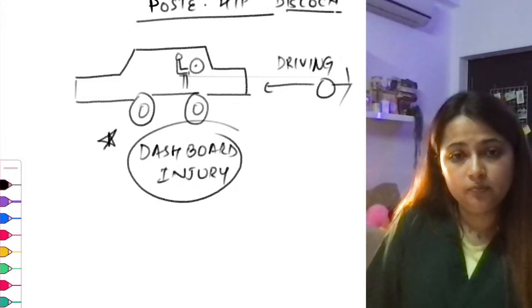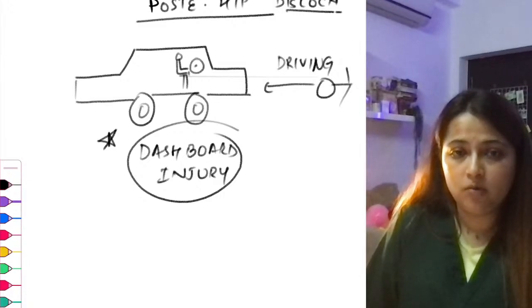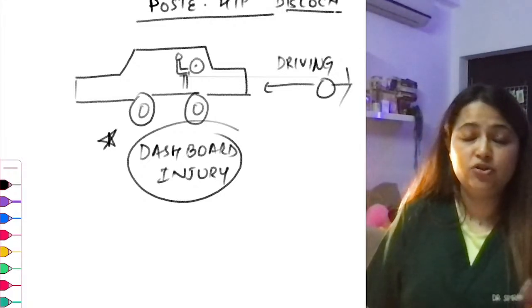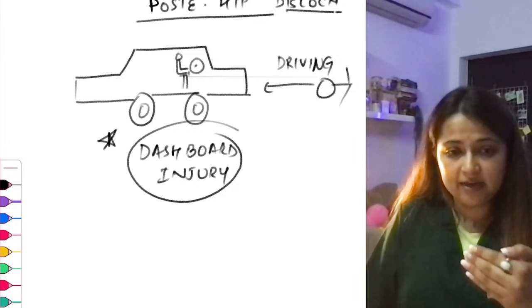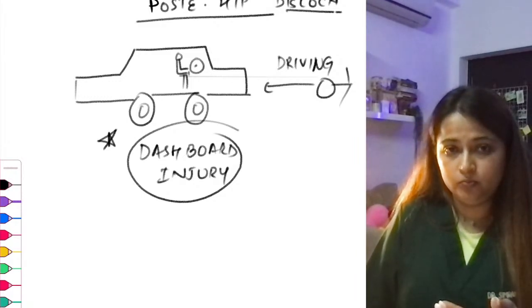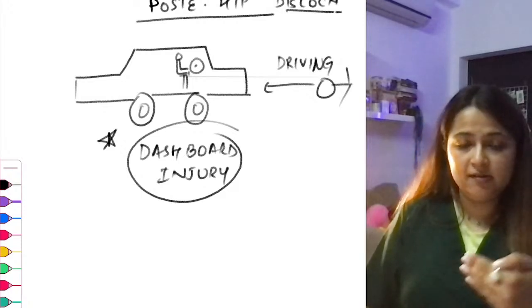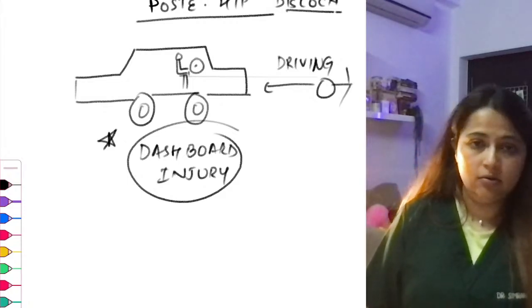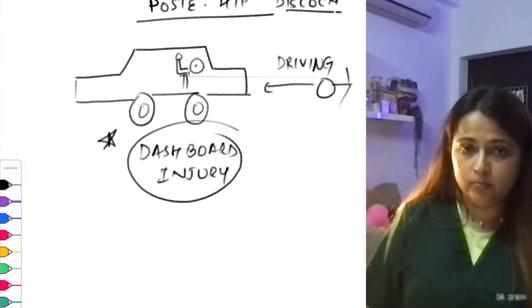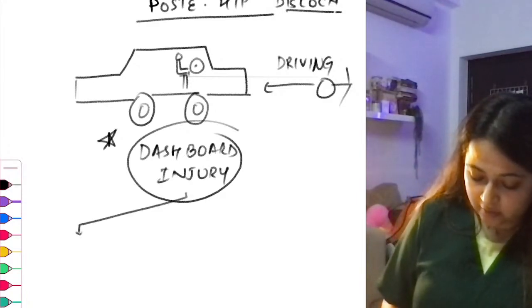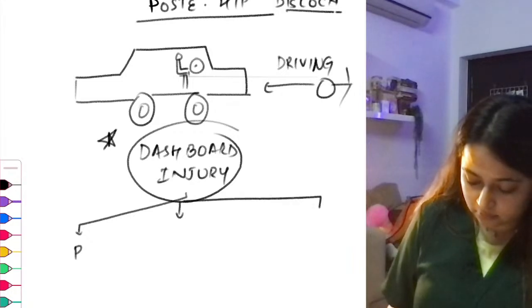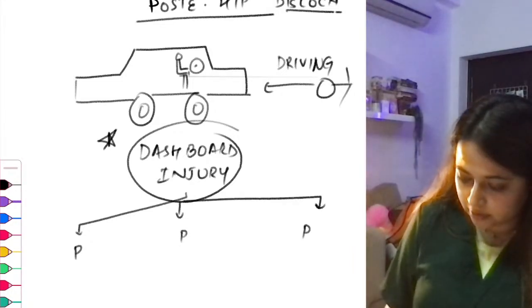Now you should know what injuries are common and what structures could be damaged whenever there is a dashboard injury. That means the dashboard of the car is hitting you, and the force is towards the posterior side. You are being pushed posteriorly.